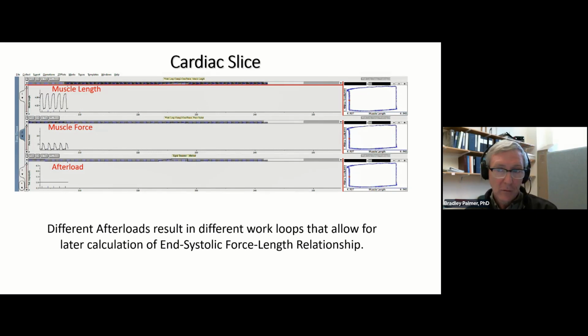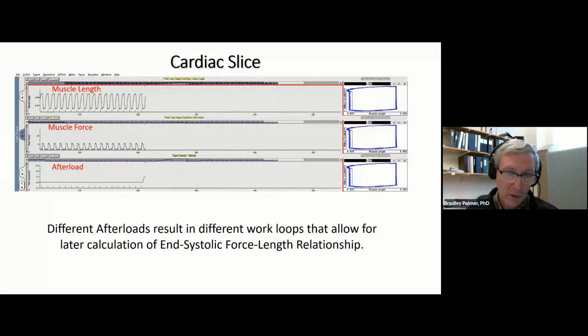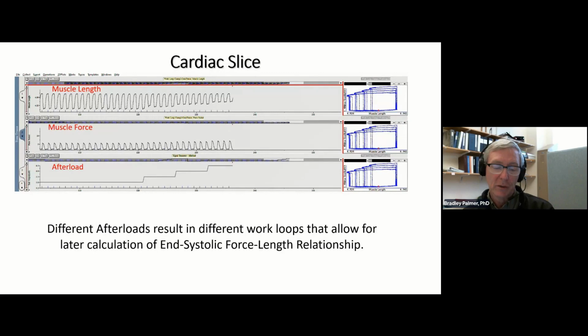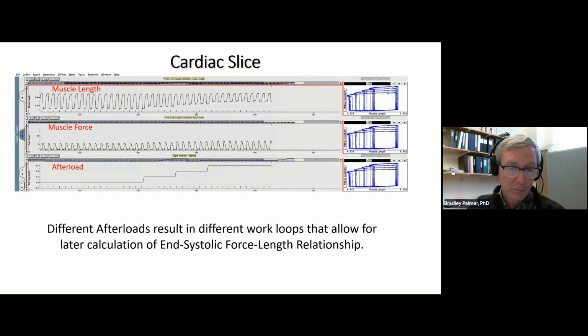So you see the work loops being generated right now at the initial afterload, but using different afterloads, we'll get a change in the amount of contraction that occurs. So there's the first change in afterload. Here's our next change in afterload, and you'll see there's less shortening with increasing afterload. And there's our last afterload. But using these different afterloads allows us to later calculate the end systolic force length relationship.